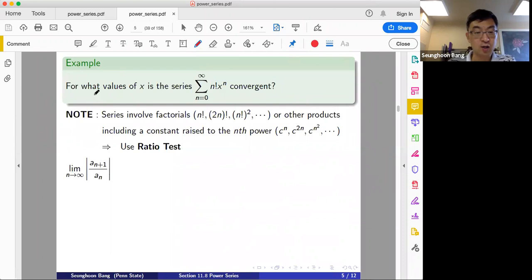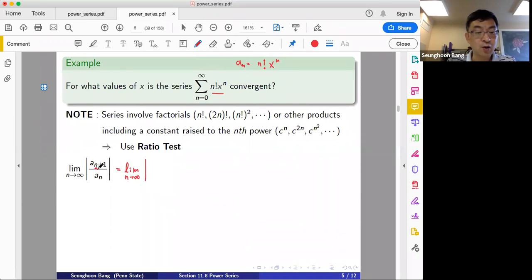You calculate the limit of the absolute value of a_(n+1) over a_n as n approaches infinity. What is a_n in this case? The a_n is the inside one, n factorial times x to the power n. So this is the same as the limit as n approaches positive infinity.